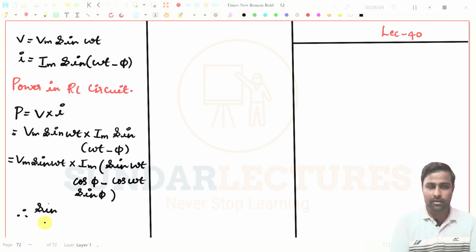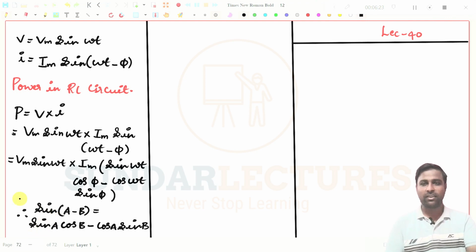Sin of a minus b can be written as sin a cos b minus cos a sin b, right? I have just written this one. So we have directly written the expression here.